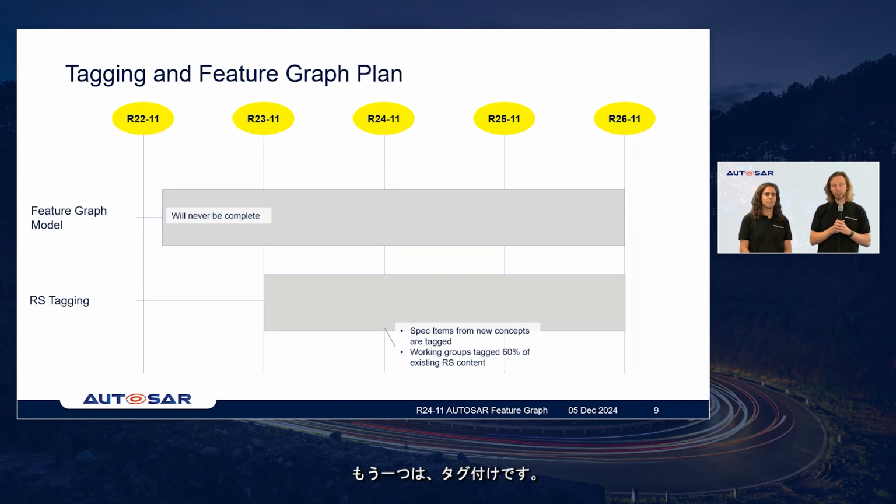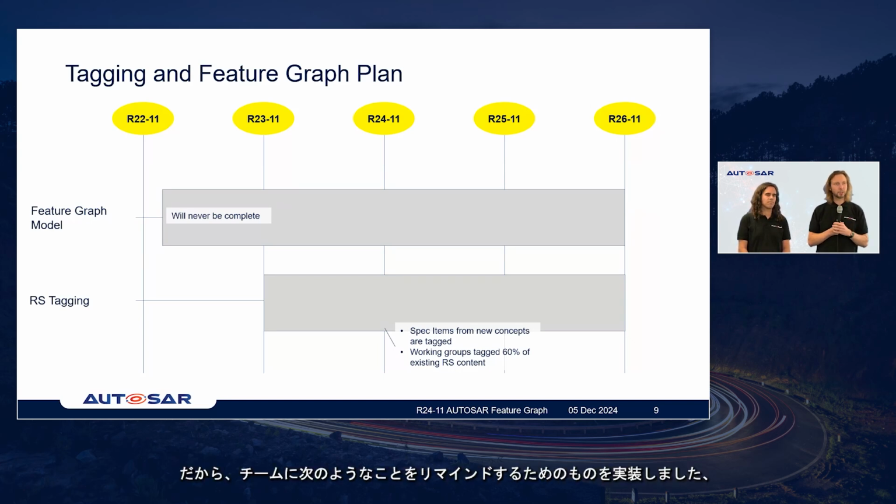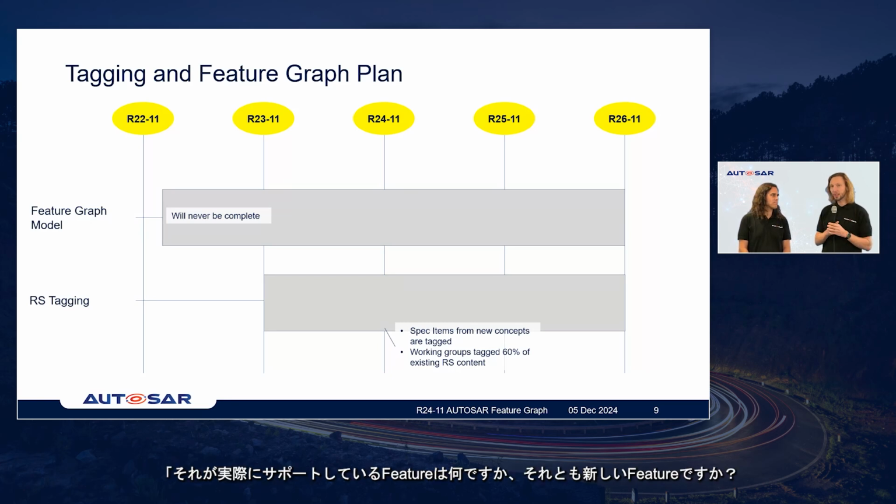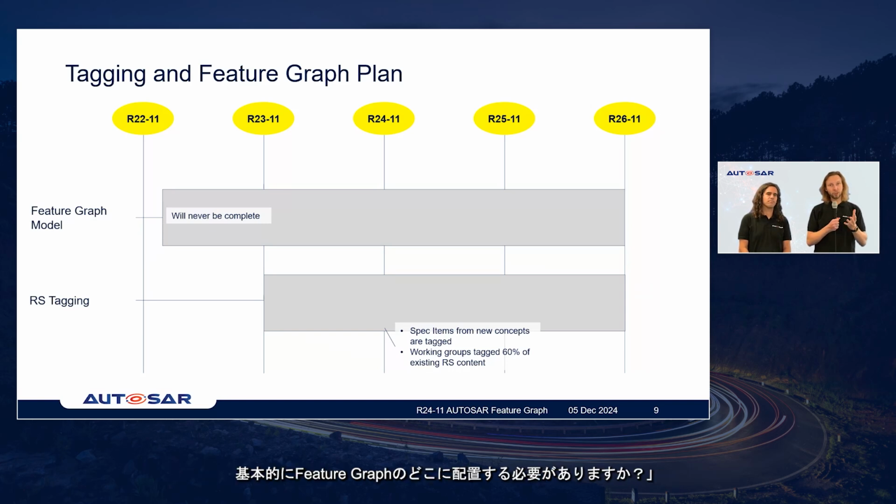The other thing is then the tagging. We have new concepts coming up. So there we already implemented something to remind the teams: hey, what feature does it actually support? Or is it a new feature? And where should we place it in the feature graph? Another thing is the current specification and also the requirements documents we have.